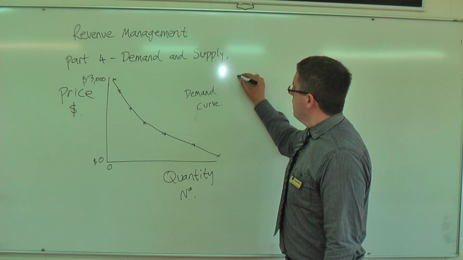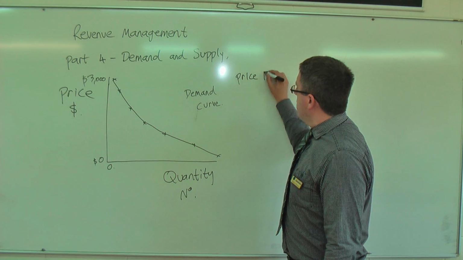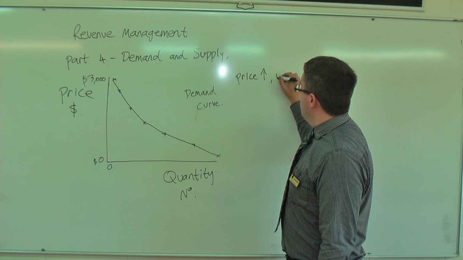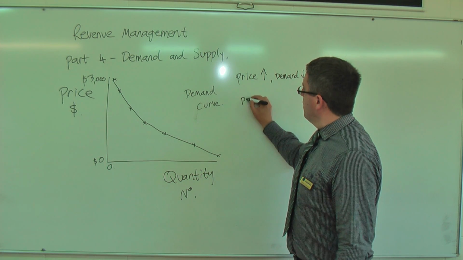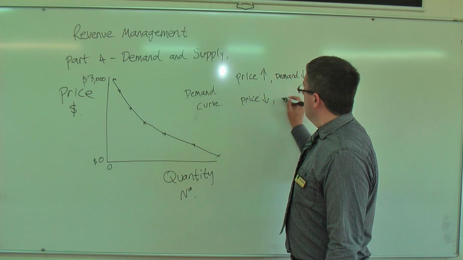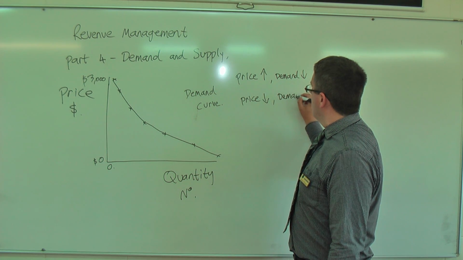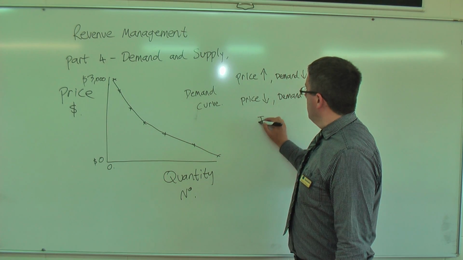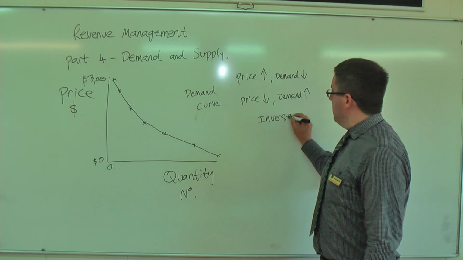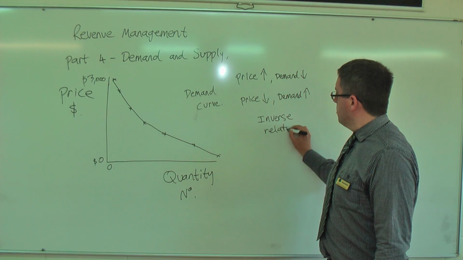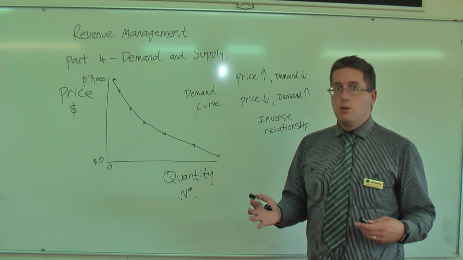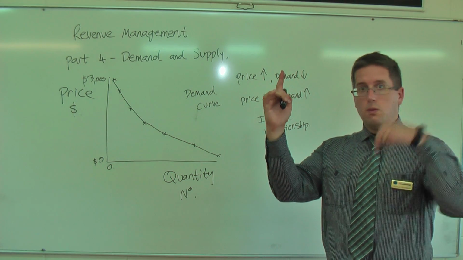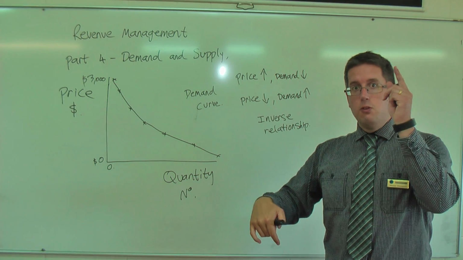Basically, if price is up, then the quantity demanded goes down. But if the price goes down, then demand goes up. This is what's called an inverse relationship. An inverse relationship just means that if one thing goes up, the other thing goes down, or vice versa.